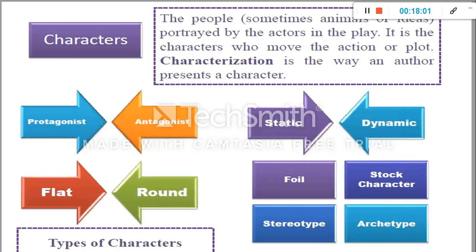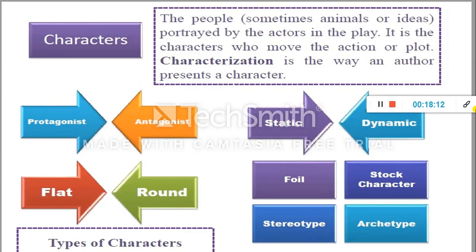By character, we mean the people, sometimes animals or ideas, portrayed by the actors in the play. It is the characters who move the action or plot.